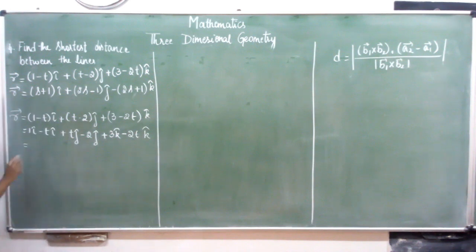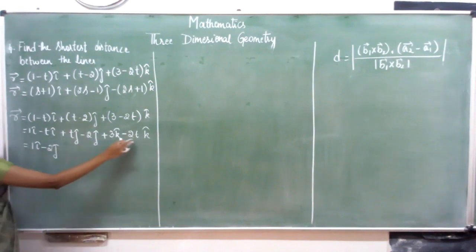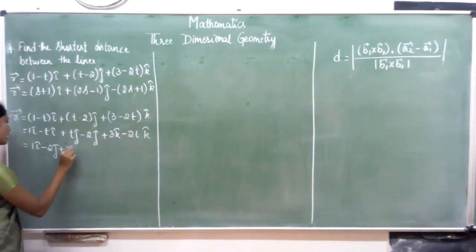After that, group those terms which do not contain t. Which does not contain t is 1 i cap. Next we have minus 2 j cap. Next we have plus 3 k cap.